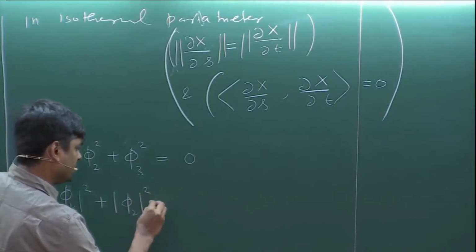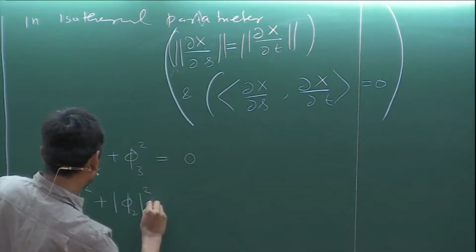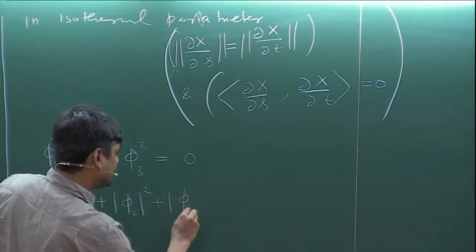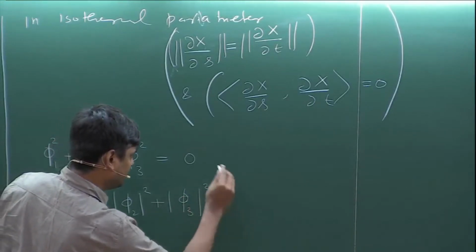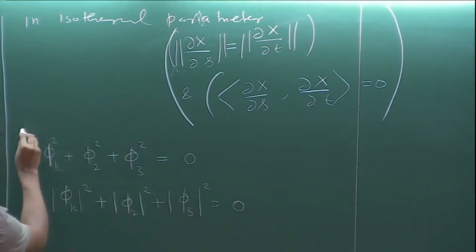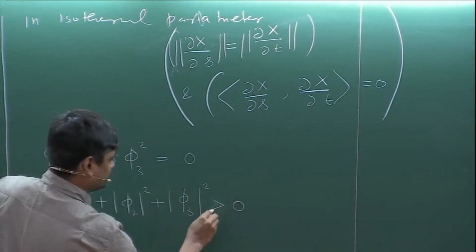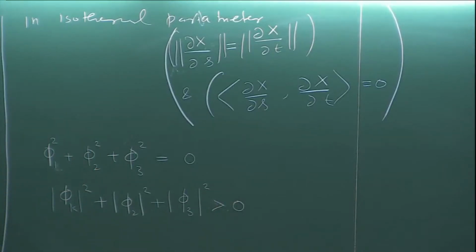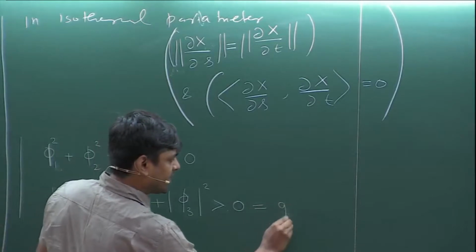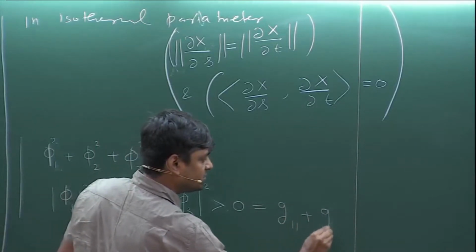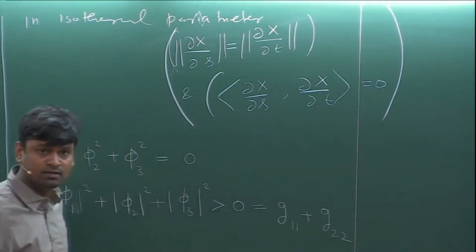We can again derive it this evening if you want, or you can see Osserman. I will give the reference. And the sum of the mod squares is greater than 0. If you remember in the last class, this turns out to be G11 plus G22 in isothermal parameter.